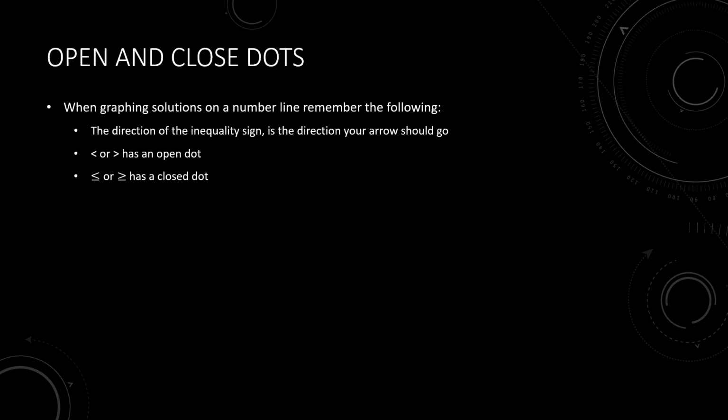When you are graphing inequalities, if you have a less than or greater than sign, when you go on your number line to graph, I have 1, 2, 3. Your dot is going to be open with your arrow, okay?